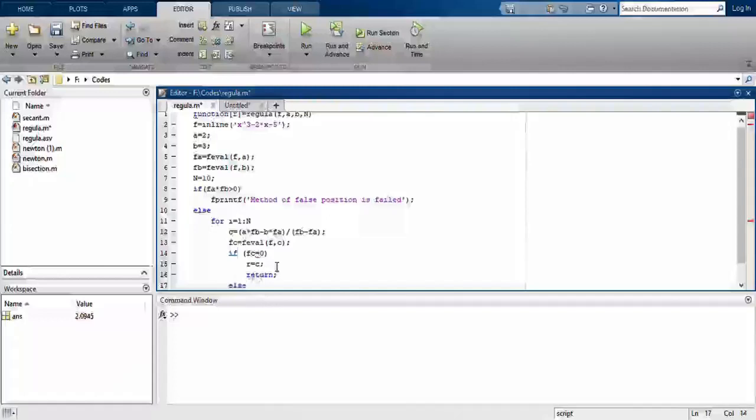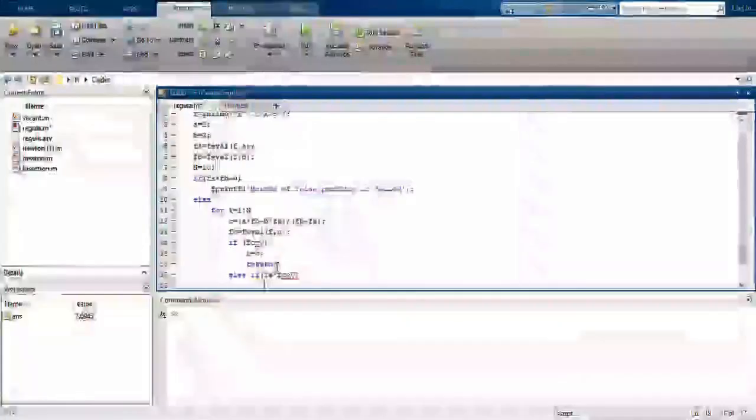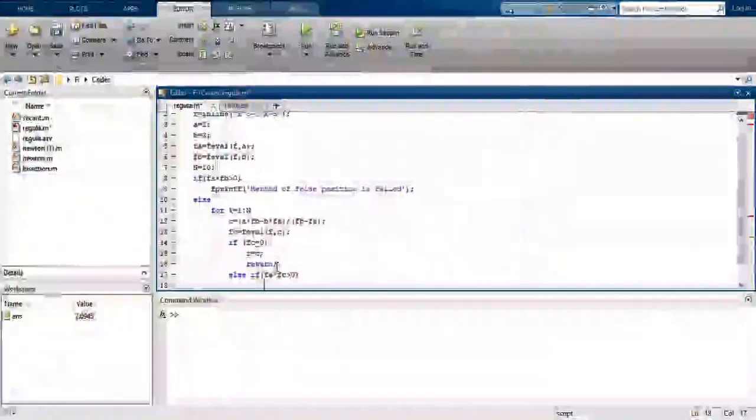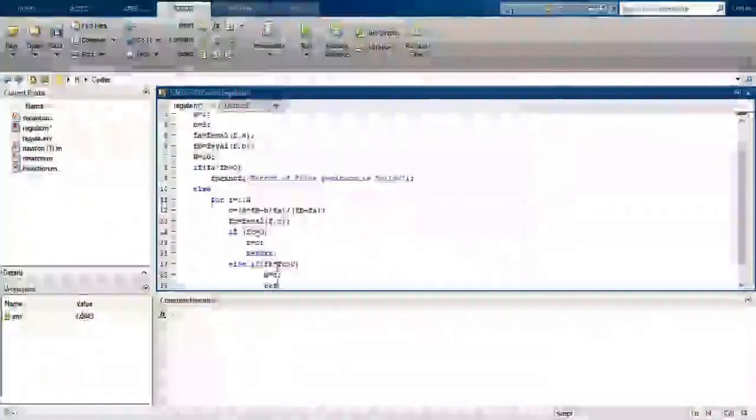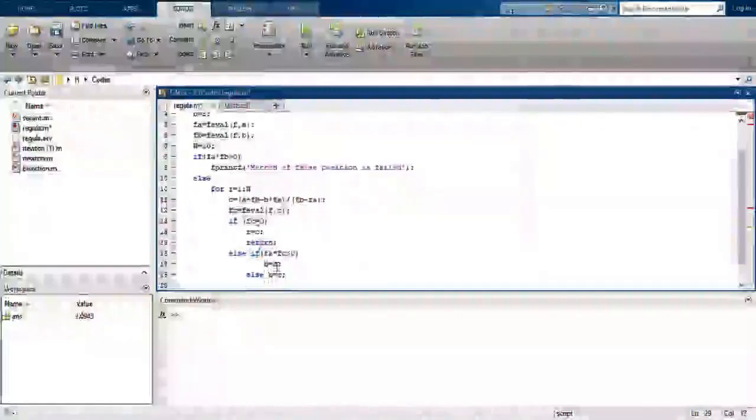Same as the bisection method conditions: else if fa multiplied by fc is greater than 0, meaning a and c have the same signs, then c will replace a, else c will replace b, and then update those values. The last is r is equal to c.